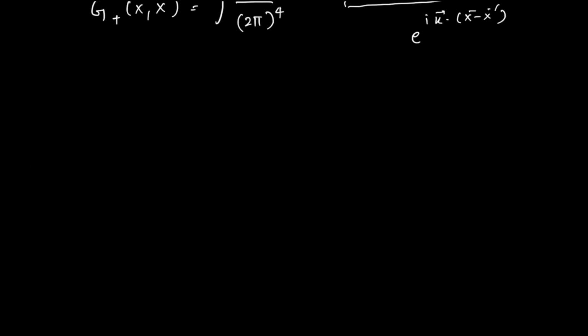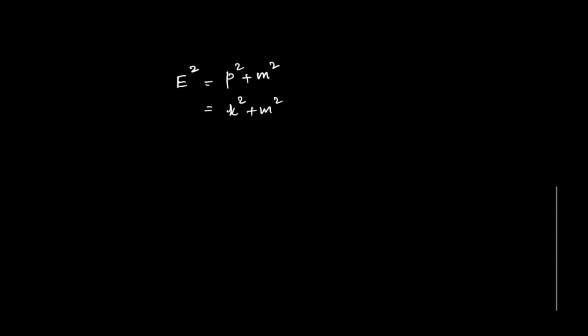If you have a relativistic particle, the energy will be E square is equal to p square plus m square. In k space, this will be k square plus m square because p is equal to h cross k. Then the energy can take plus or minus root of k square plus m square.